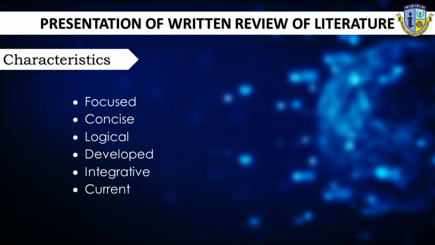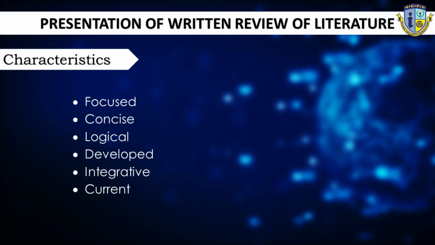To have a good literature review, make sure to observe the following. It should be focused. It presents only ideas and reports on studies that are closely related to the topic. It should be concise. The ideas should be presented economically. It should be logical. The flow within and among paragraphs should be a smooth, logical progression from one idea to the next.